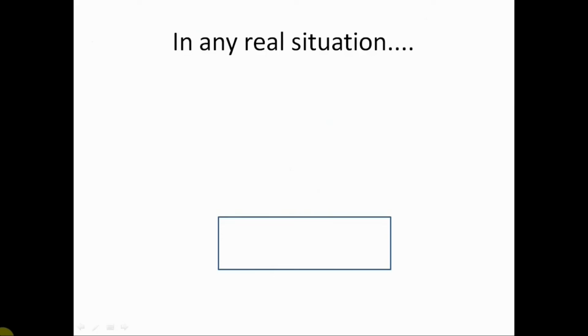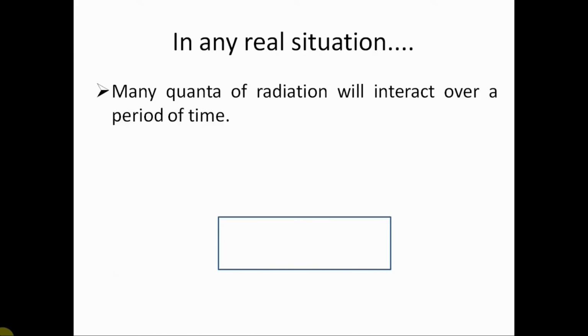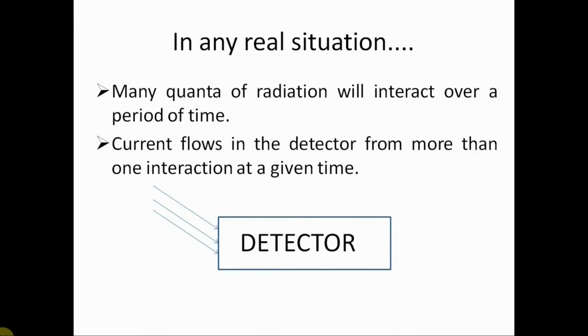However, in any real situation, many quanta of radiation will interact over a period of time. So we have a detector, and not just a single particle or quantum of radiation is interacting, but many quanta of radiation. So now current flows in the detector from more than one interaction at a given time.